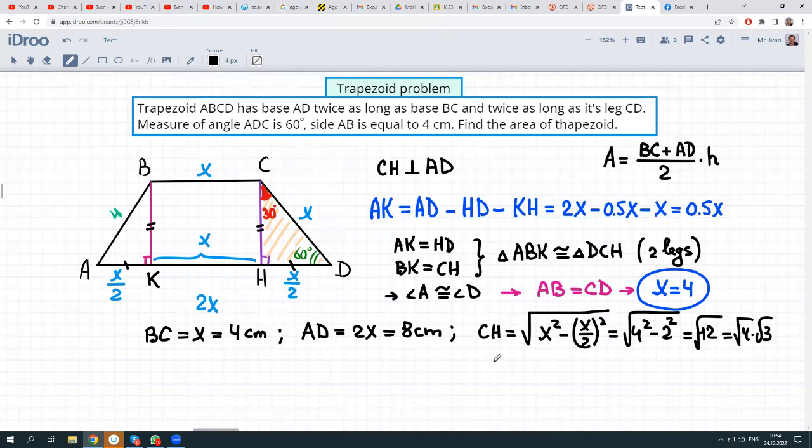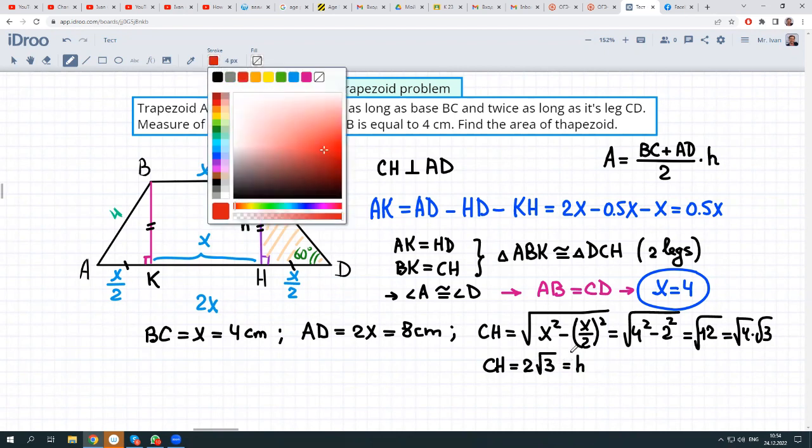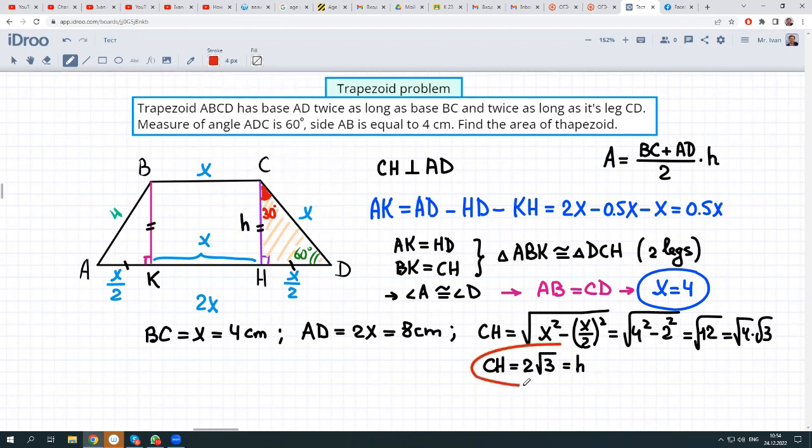And because of that, CH is equal to 2 root 3. Perfect. CH we also know, and this is our height. Let me also frame this result. So that's great. And now we know everything already.